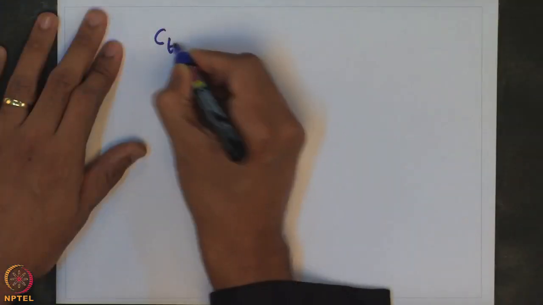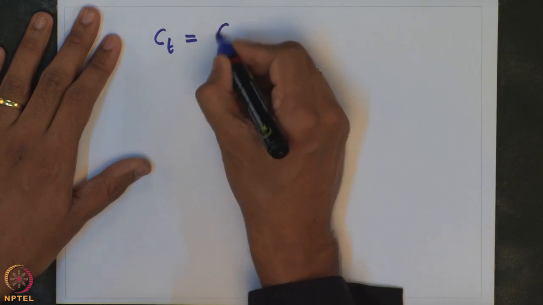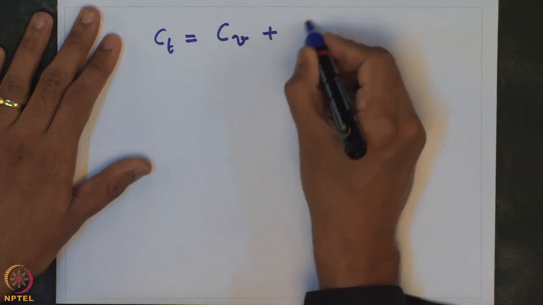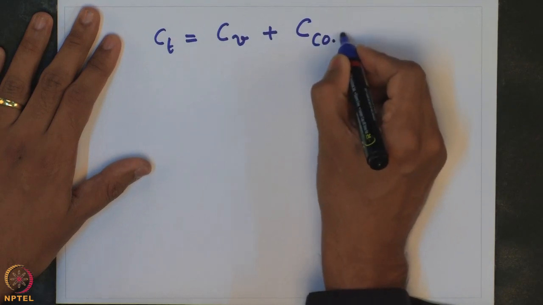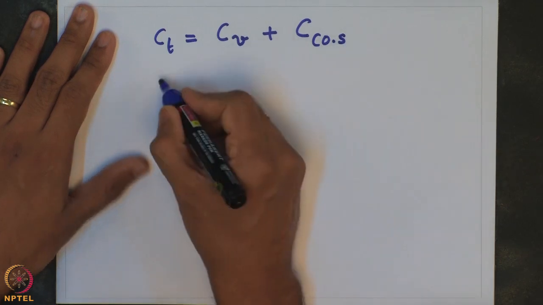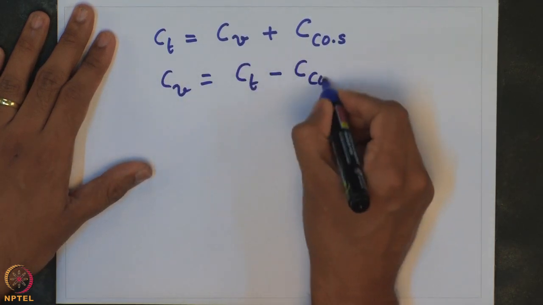The conservation rule is that the total concentration of active sites, C_t, should be equal to the concentration of vacant sites C_v plus the concentration of the species adsorbed onto the sites. Therefore, C_v is equal to C_t minus C_COS.